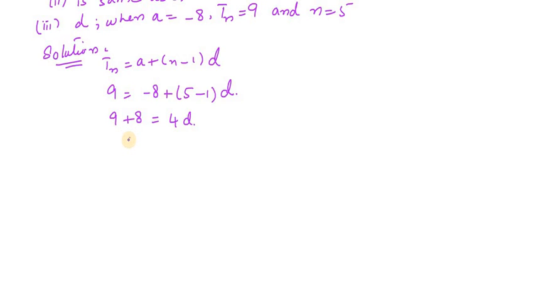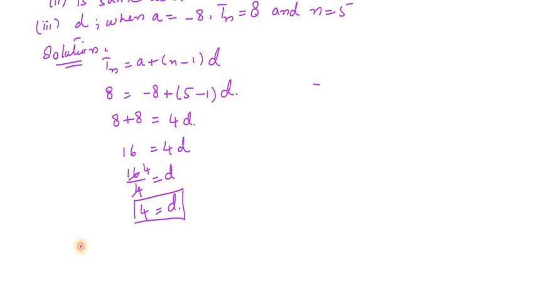Wait. Here Tn is equal to 8. So we put the value of Tn: 8 plus 8 is 16, equal to 4 of d. 16 upon 4, so we get the difference 4. d is equal to 4.